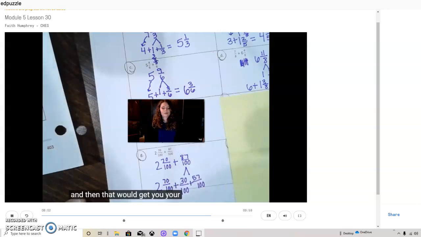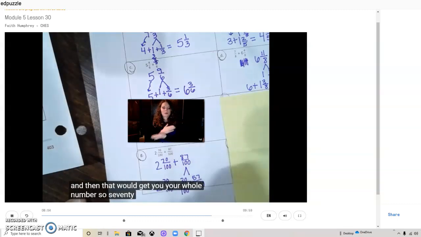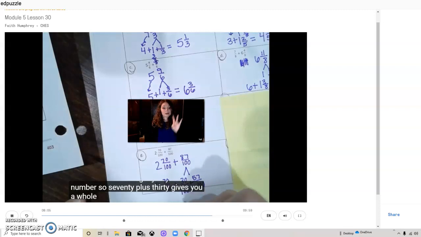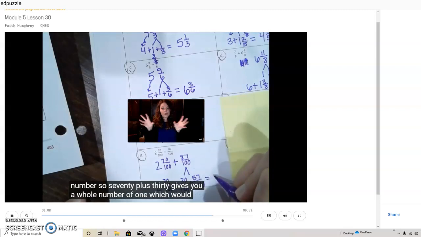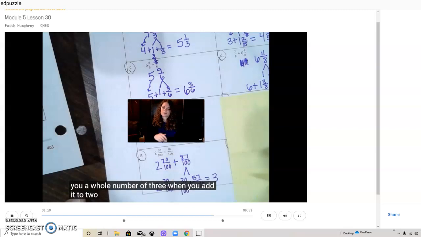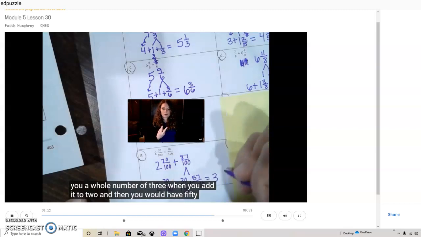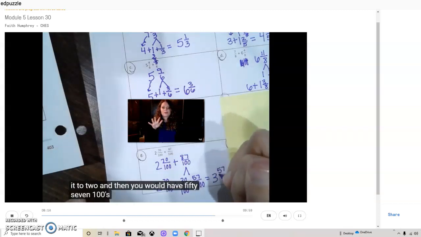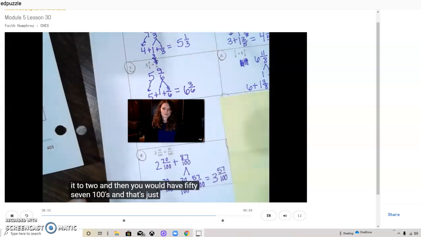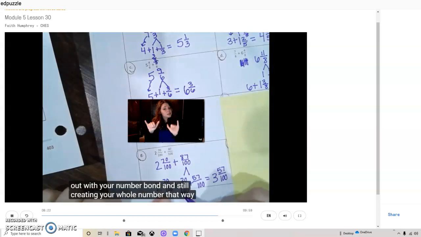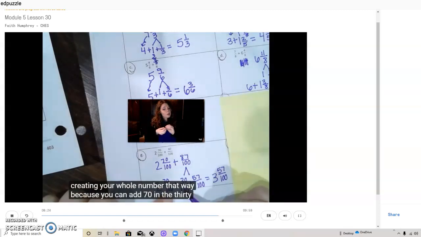And then that would get you your whole number. So 70 plus 30 gives you a whole number of 1, which would give you a whole number of 3 when you add it to 2. And then you would have 57/100. And that's just another option for you as far as splitting it out with your number bond and still creating your whole number that way, because you can add 70 and the 30 together.